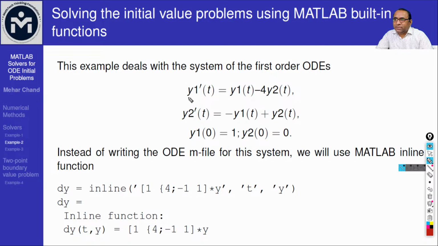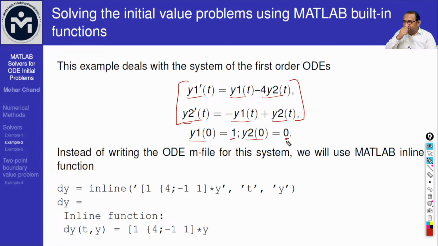This is a system of equations: y1 dash is equal to y1(t) minus 4 y2(t), and in the second equation we have y2 dash is equal to minus y1 plus y2. These are the initial conditions: when t is equal to 0, y1 is equal to 1, and y2 is equal to 0.